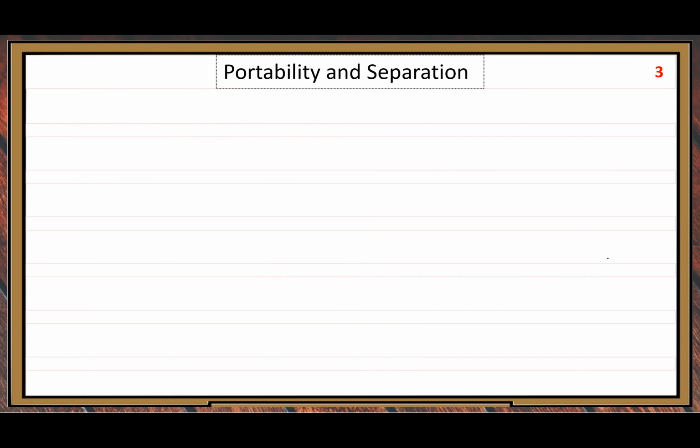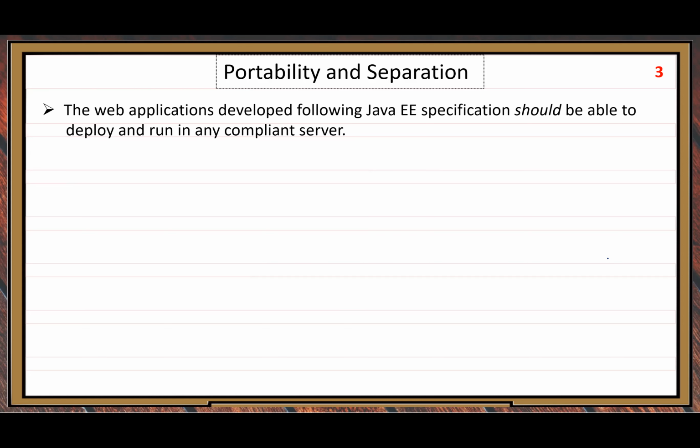Next, two important properties for Java web applications: portability and separation. The first, the Java web applications developed following the Java EE specification should be able to deploy and run in any compliant server.